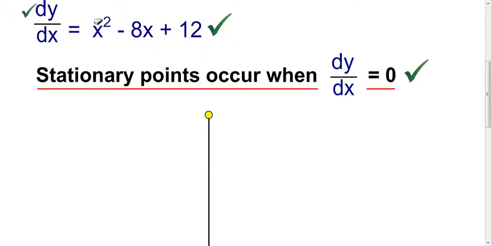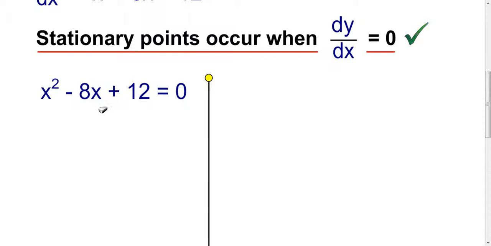Okay, so moving on, we let this equal 0. We just said to find the stationary points you let the derivative equal 0, and this is the derivative. So let that equal 0 and try and solve it to find your x values for your stationary points. To do that we factorise, so double brackets, x at the front, and then we have to think what times what multiplies to make 12, but we also need to get a negative 8x.